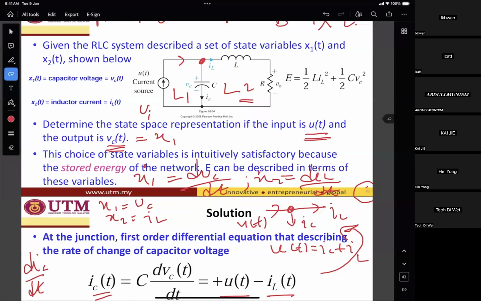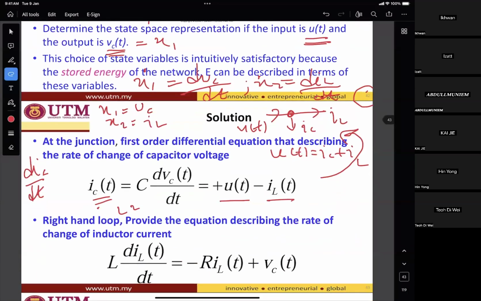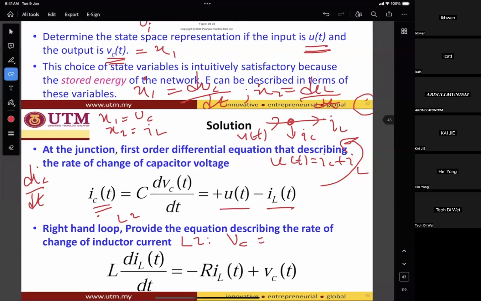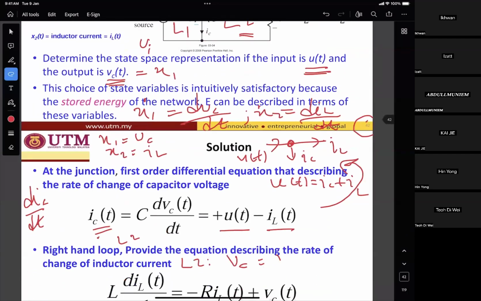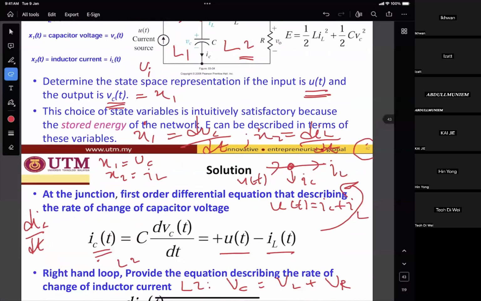VC is equal to L dIL/dt plus VR. VC is equal to VL plus VR.